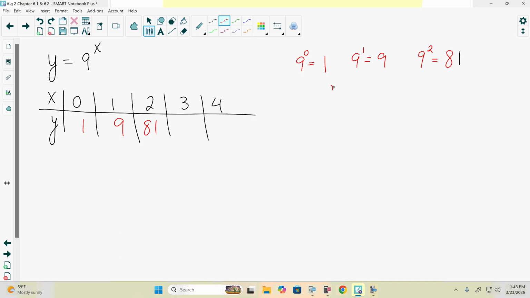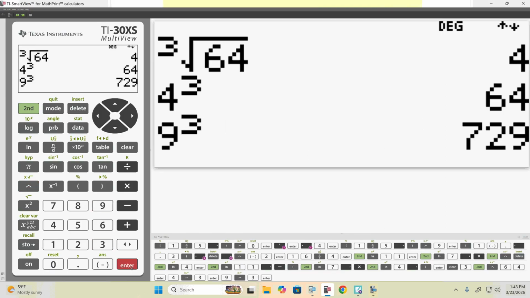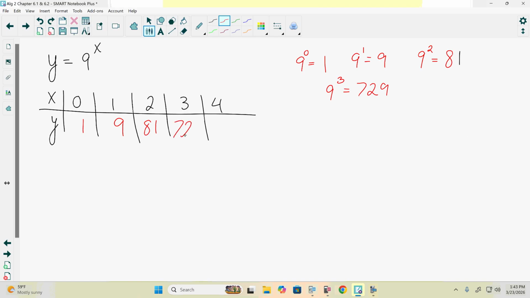Now 9 to the third. So as we can see here, the values of x are still increasing only by 1. The values of y are increasing greater and greater as we go on.